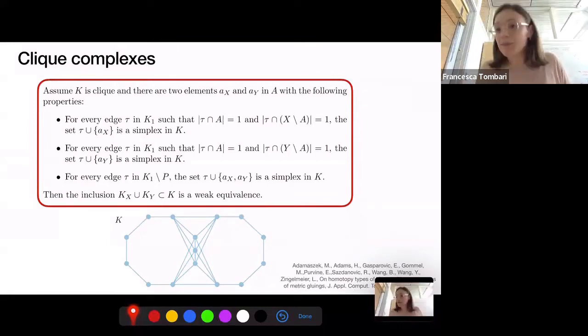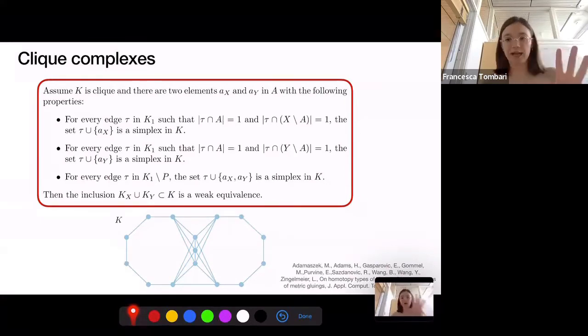They proved this result for metric gluing of the Vietoris-Rips complex of a metric graph. I basically took inspiration from that theorem and reproved it in our context for a generic clique complex. I also decided to take their very nice example, because it clarifies all these conditions very well.